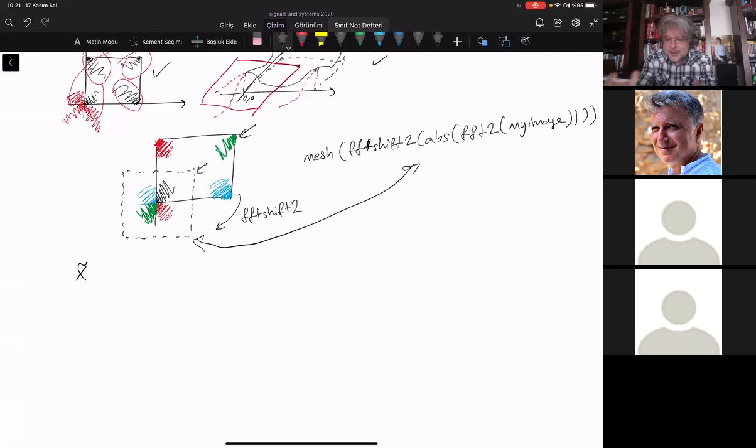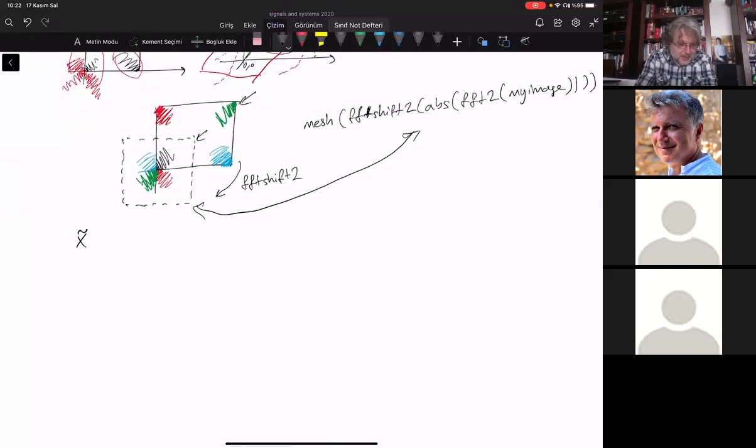It indicates that x tilde of -1, for example, is actually the same as x tilde of capital N, because here the green corner is the same in both the dashed and the solid line images.